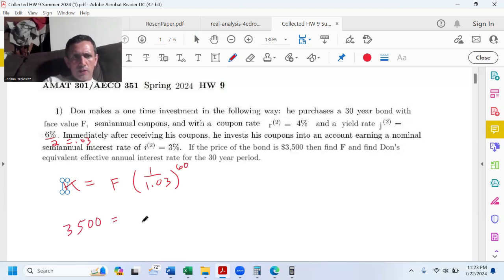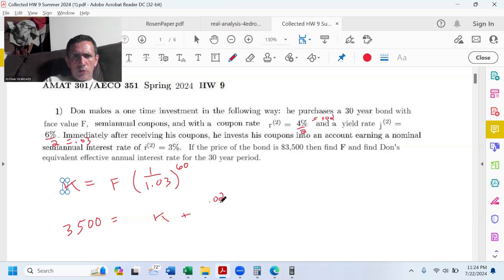Makeham's formula is the price is K plus R, the actual 6-month coupon rate, 4% over 2, decimal form 0.02.